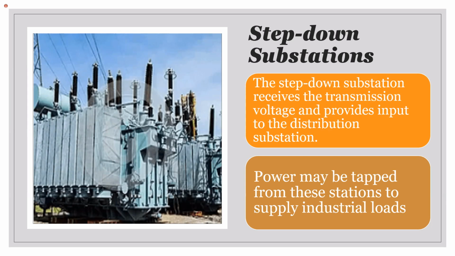Yes, sir, because taking it from 69 to 24K, that would be considered stepping down, a step-down substation, correct? Or is it, in the strict sense of what we're talking about here, it would not be, because what we're saying, we're providing input to the distribution.